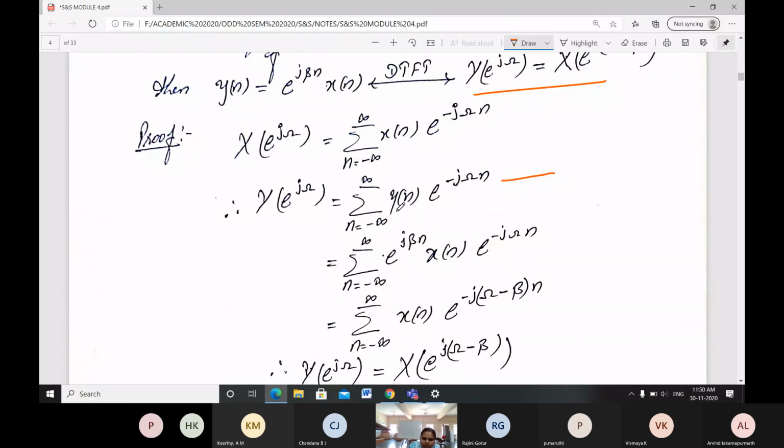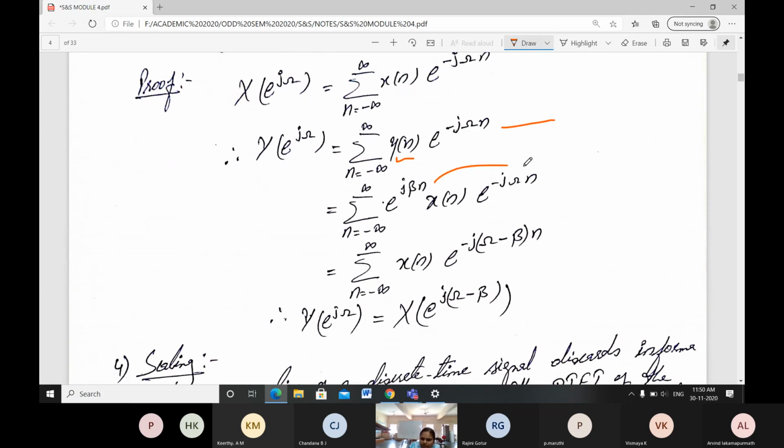Then that is going to be equal to the summation. What is our y of n? Here it is considered as e raised to j beta n x of n. That you have to write: e raised to j beta n x of n e raised to minus j omega n. Then adding these two in terms of exponential, you will get e raised to minus j omega minus beta into n.